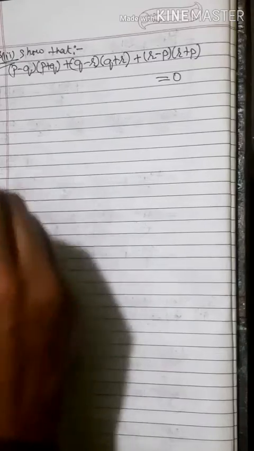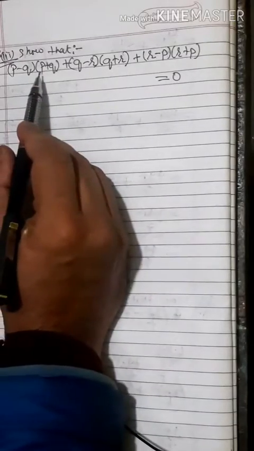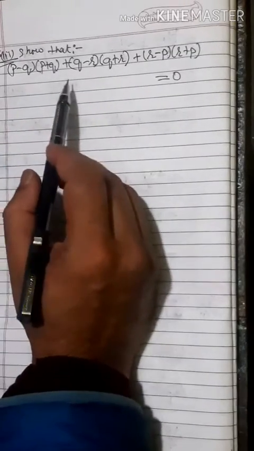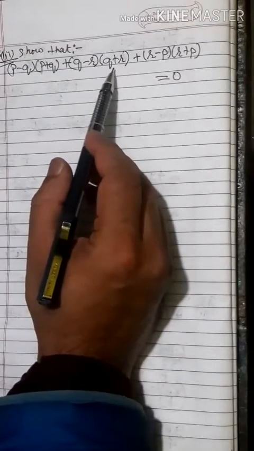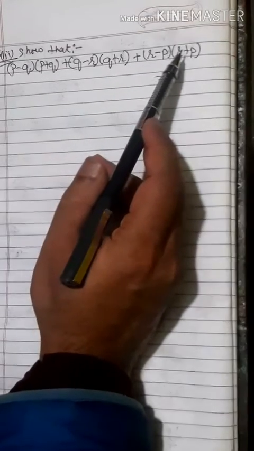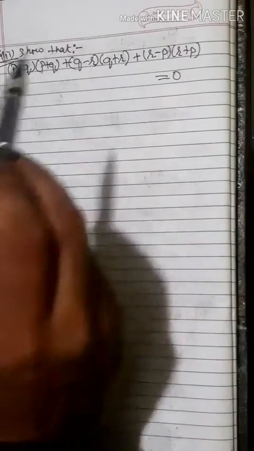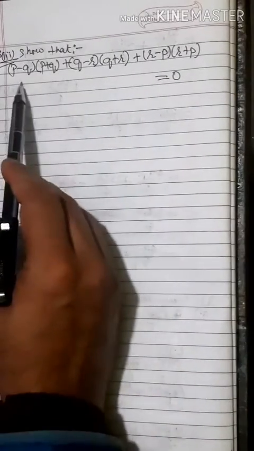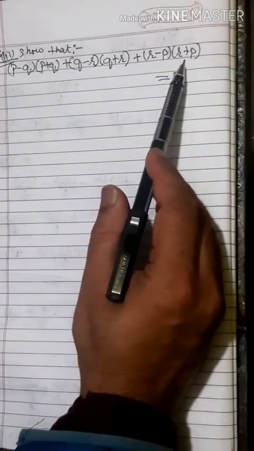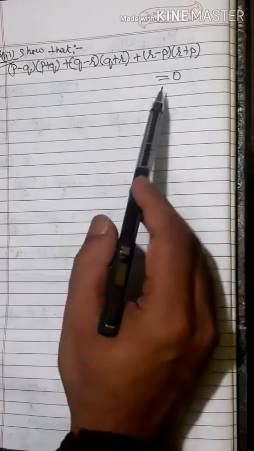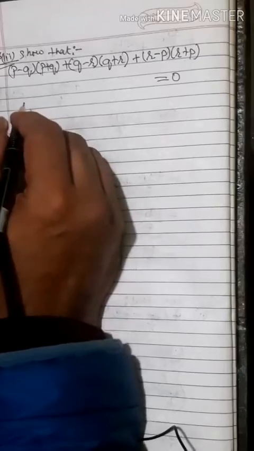So this is our question. We need to show that this is equal to 0. We will begin from the left hand side and try to arrive at our answer, which is 0.